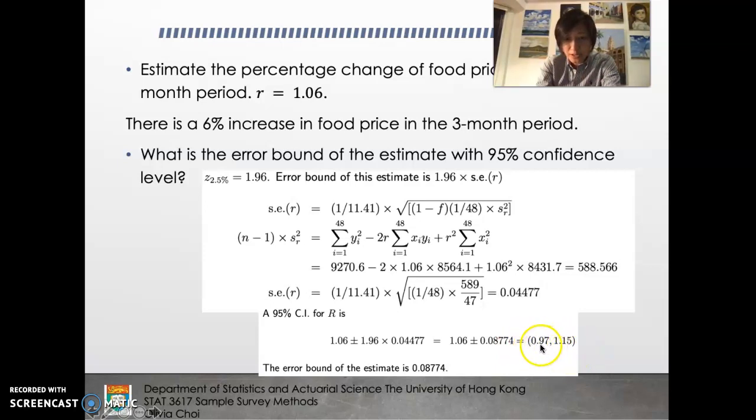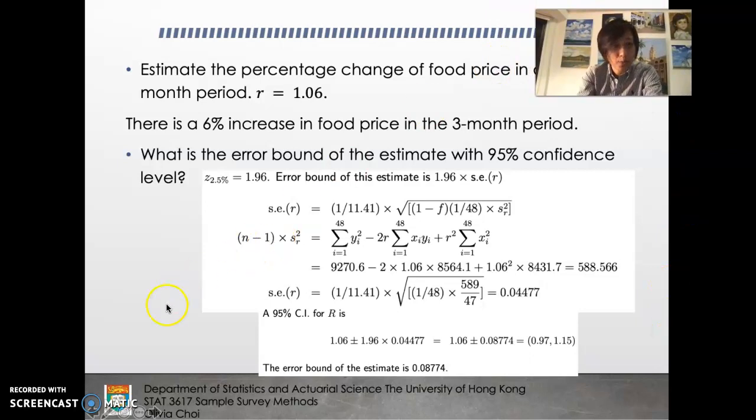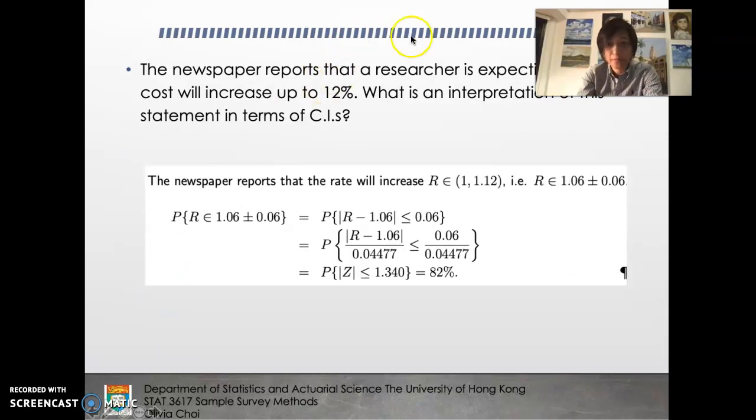Since this range includes 1, that may imply that there could be a minus 3% or 15% increment of the price change. So we may not be able to conclude the price always goes up with this 95% confidence interval based on our data from the sample.